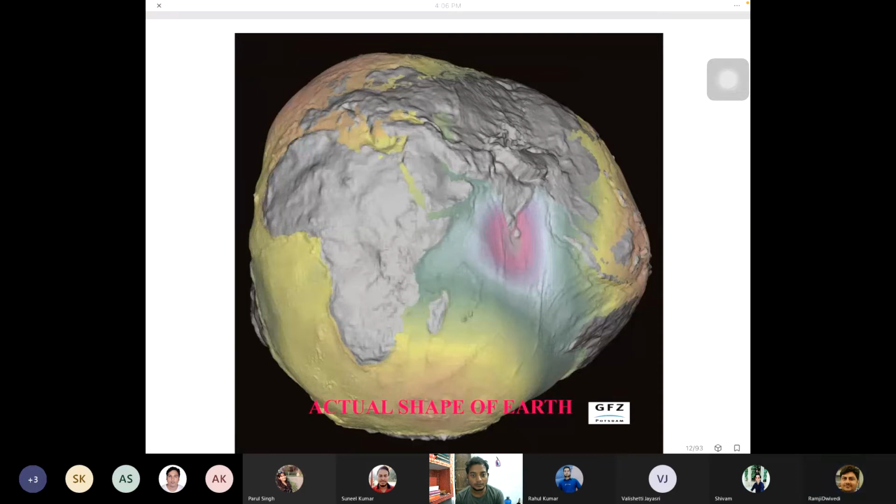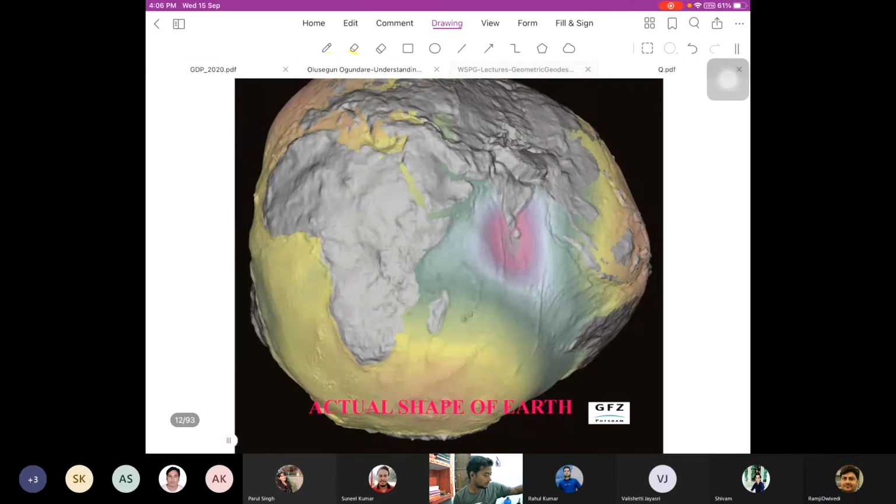You need to understand that this is the actual figure of Earth, and this is a model which best fits the Earth. The model which you are observing is the model which is best fitting the Earth. Okay. Any questions?